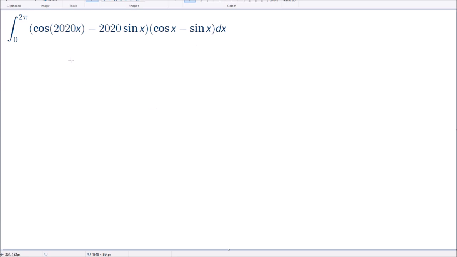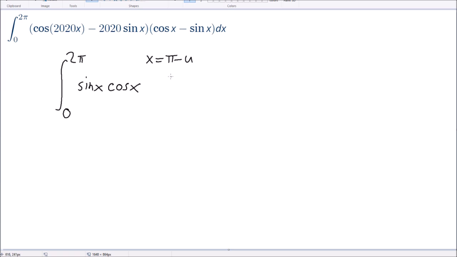So if we just focus on those two terms, here's what's going to happen. I'm going to ignore the constant. You'll see why. I'm just going to show you the concept of this. So if I let x equal, should be the other way around actually, x equal pi minus u.